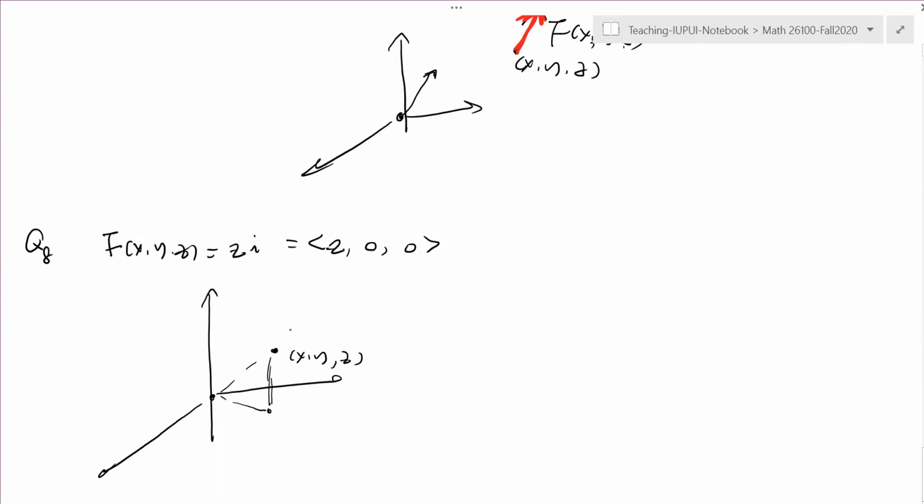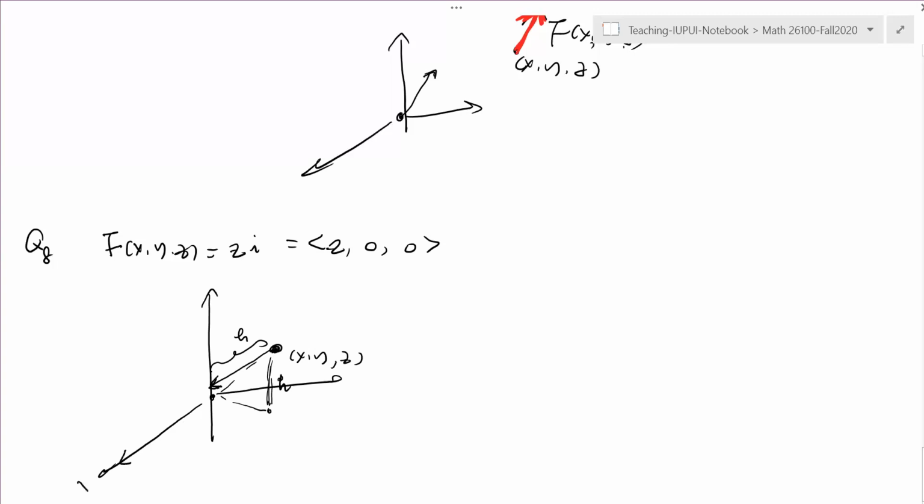So the vector you're going to draw, the x component is going to be z. Starting from that point, if this height is h, then you draw the vector parallel to the x-axis. The length is also h. That is a vector parallel to the x-axis.